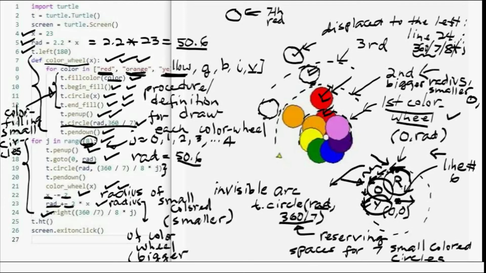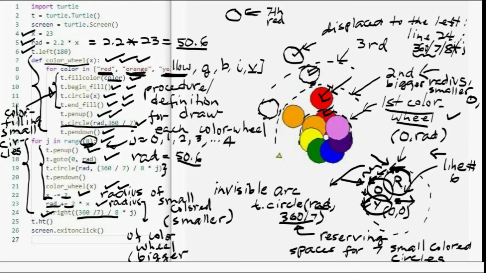Note that the j is multiplied to the 360 divided by 7, then divided by 8. That is line 24. The multiplication by j means the displacement is going longer as we go over this loop here.